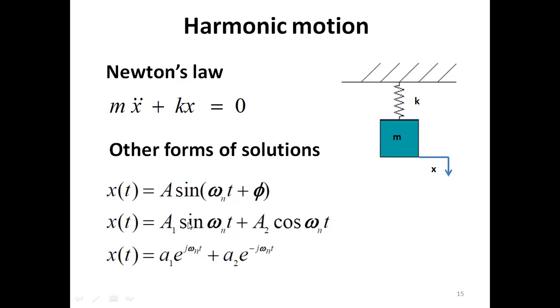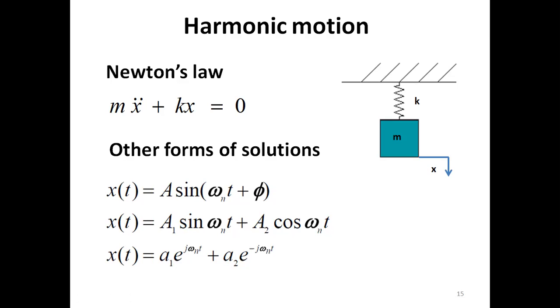Similarly, we could model this response or displacement in complex numbers. So x of t is equal to A1 exponential j omega n t plus A2 exponential minus j omega n t, where A1 and A2 are the arbitrary constants.